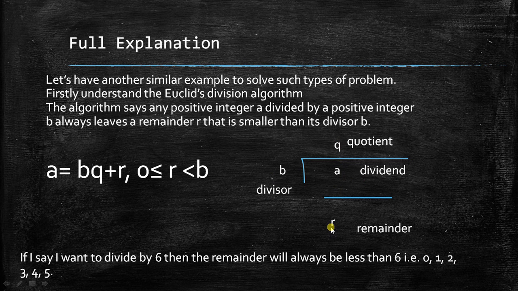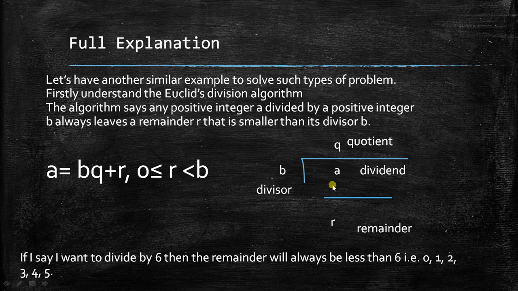In all cases, the remainder will always be less than the divisor. If it is 10, then the remainder can range from 0 to 9, but it would never be equal to the divisor, in my example 10, or greater than 10.